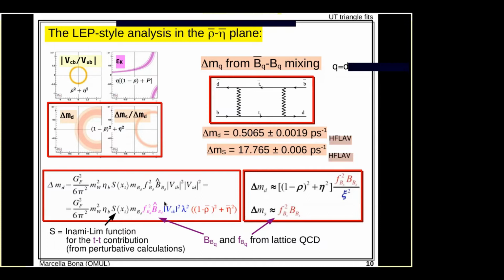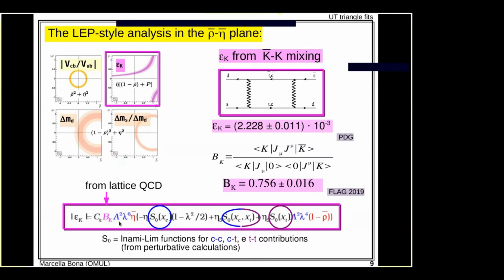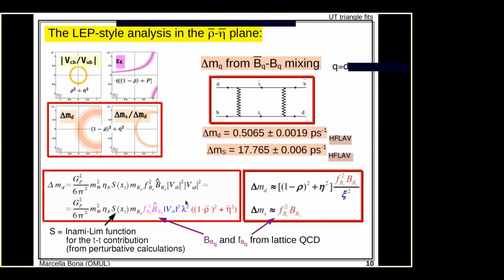You see there are other elements of the CKM, just like we had here as well. So you see the other parameters of the Wolfenstein parameterization. That's why it's important to do a global fit of all these variables. And then lattice inputs.